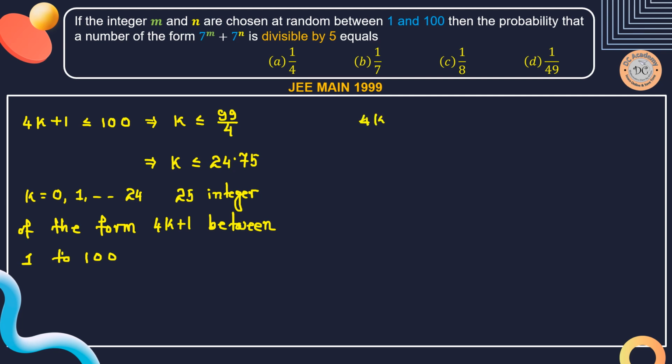So if it is 4k plus 2 and I consider that it's less than or equal to 100, which implies that k is less than or equal to 98 divided by 4, and 98 by 4 is approximately equal to 24.5. So here also we can easily say that k goes from 0 to 24. Again, we get 25 integers.